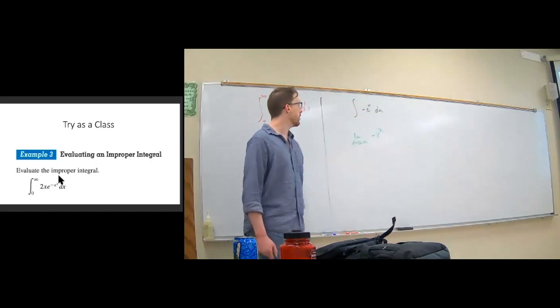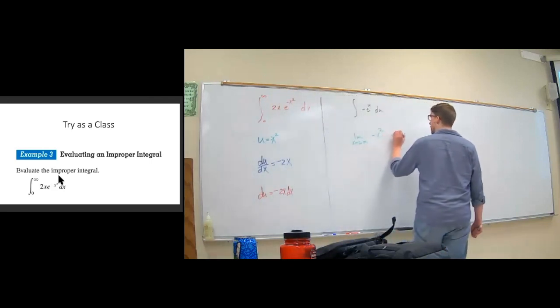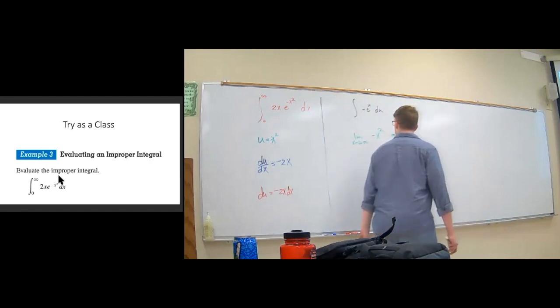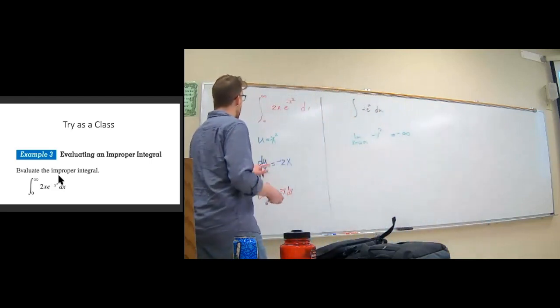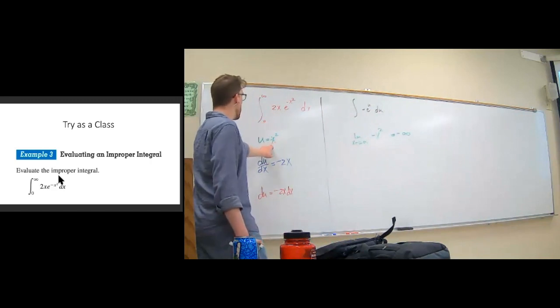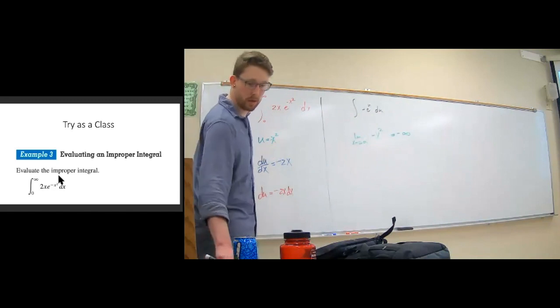What happens here? This goes to negative infinity, doesn't it? And when x is 0, u is also going to be 0, right? Agreed?